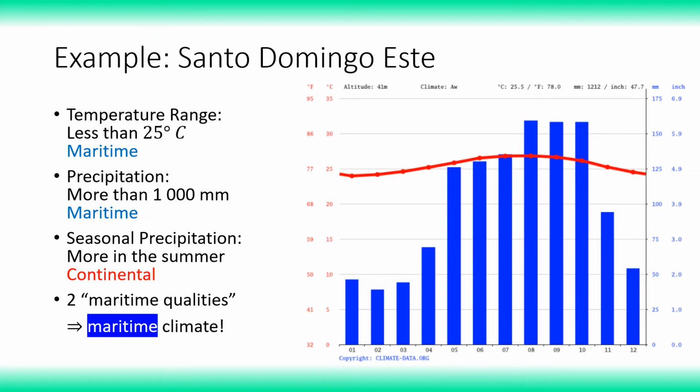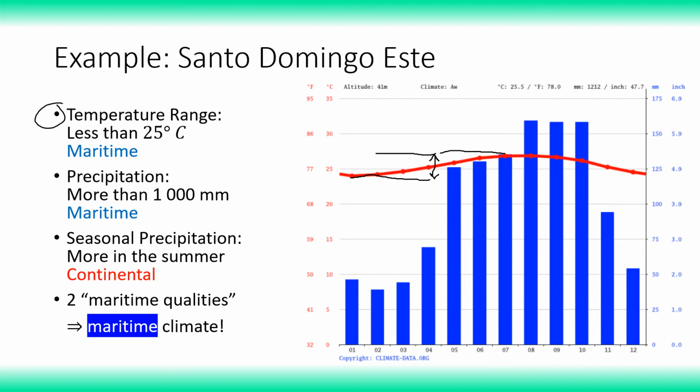So what you can see here, if we look at the temperature range, the peak of the red graph, that's the temperature graph, is around here, and the lowest point looks like it's probably this one. So the gap, I haven't drawn this perfectly, but the gap is about this big. It's not a huge gap.